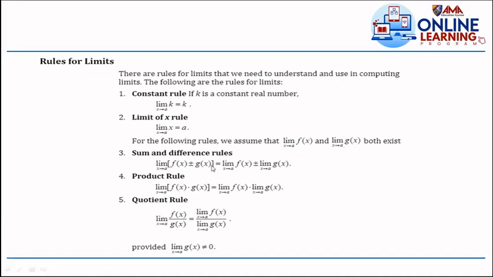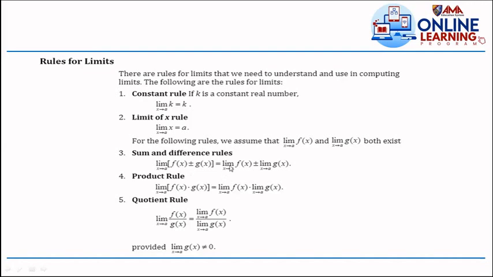So first, we have the rules for the addition and subtraction of limits. The limit as x approaches a of the quantity f(x) plus or minus g(x). So what we will do here is distribute the limit to each function inside the parentheses. So we have two functions here.